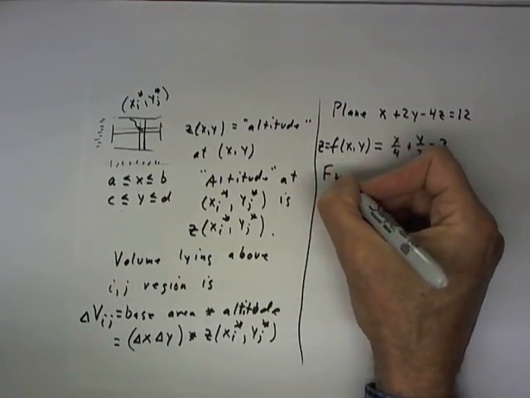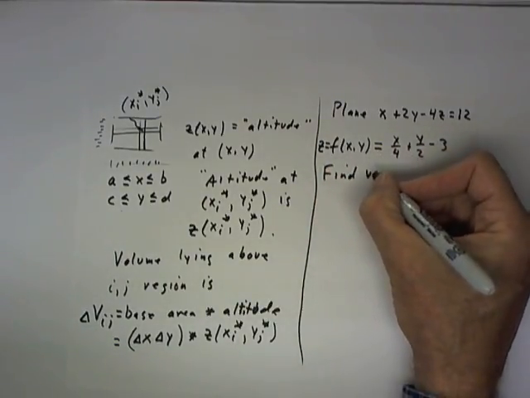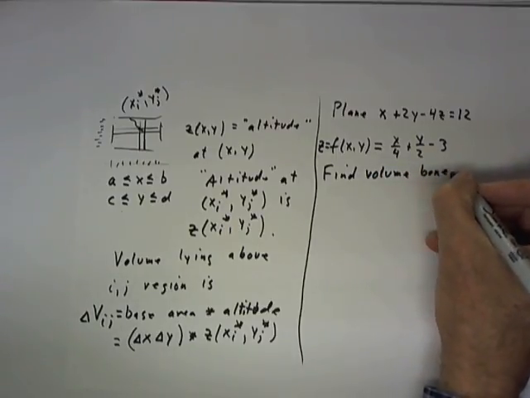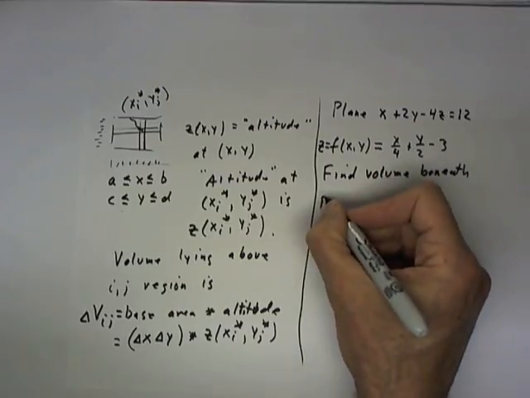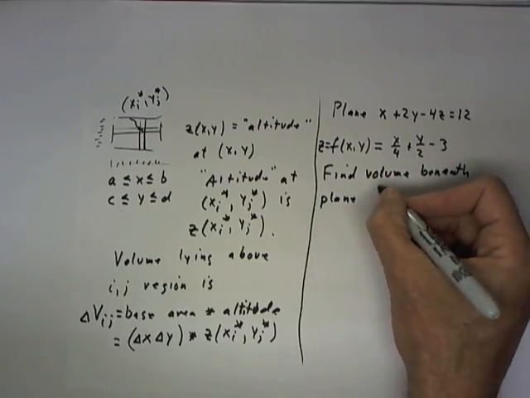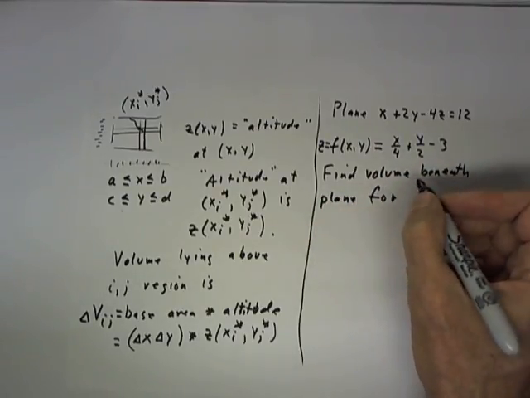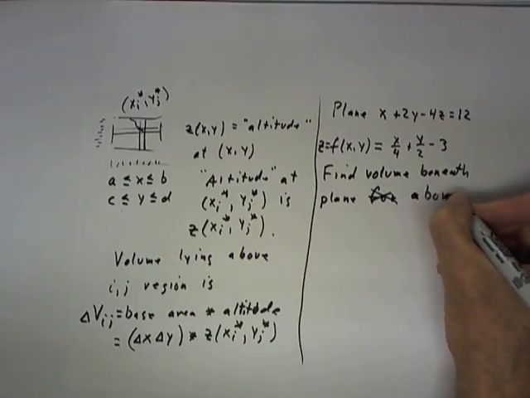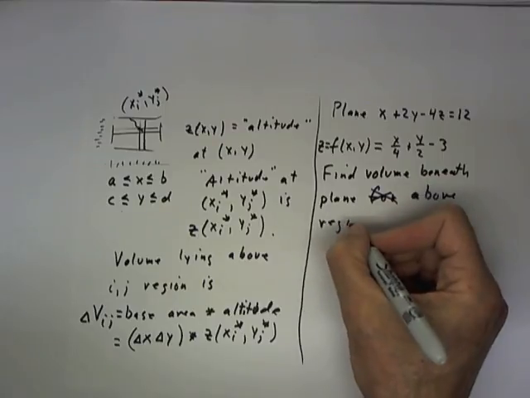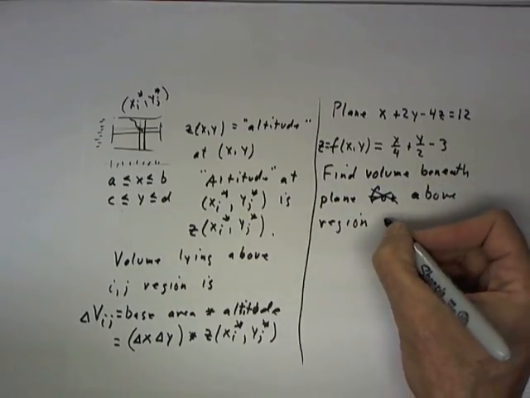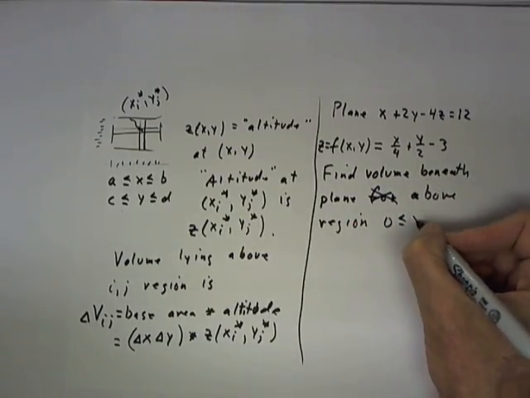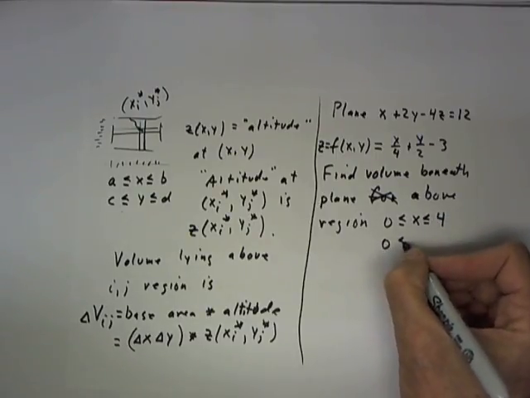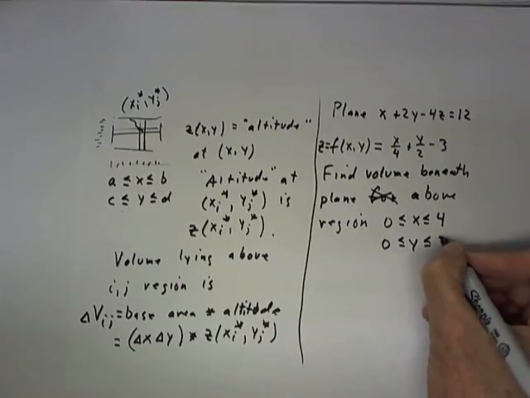We might want to then find the volume beneath this plane for the region, and let's not say for, let's say above the region, 0 less than or equal to x less than or equal to 4, 0 less than or equal to y less than or equal to 3.